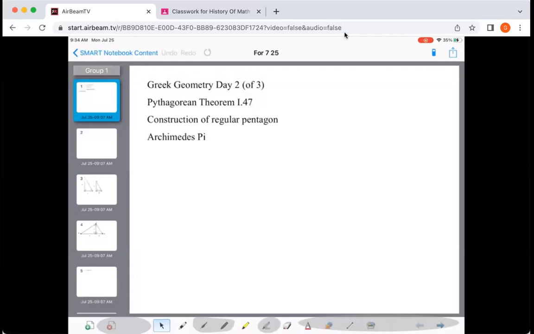So there's only 4 days left: 2 more days of Greek math, and then 2 days to get us from 200 BC up until the 1800s. That will be interesting, but I'll pick and choose. Obviously, I'll only be able to pick a few things from that over 2,000 year period. But you have to give Greek math its due time because they advanced things so much.